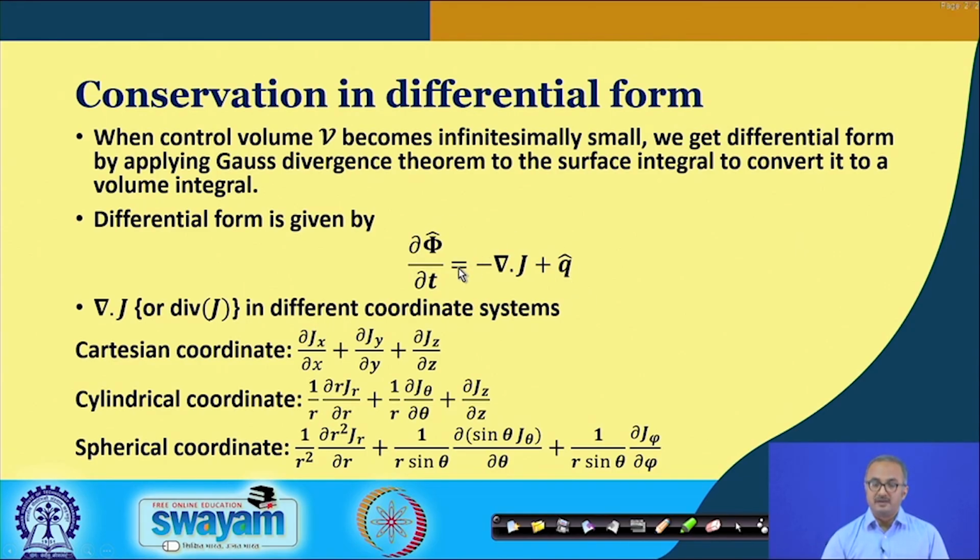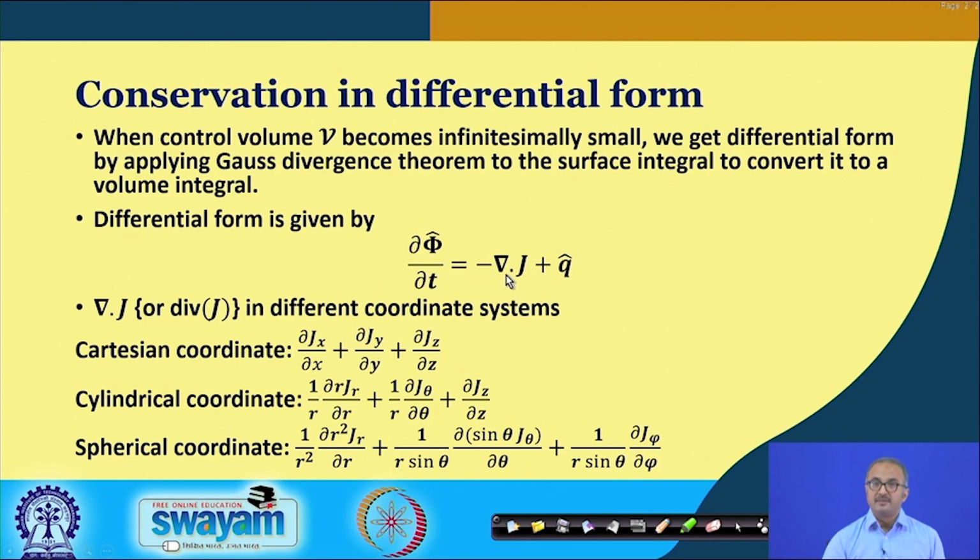Now what we find here is that the same integral form of the conservation equation has been reduced to this particular form using the Gauss divergence theorem, and here we get the divergence of the vector j, and this divergence is the dot product of the nabla and the particular vector.